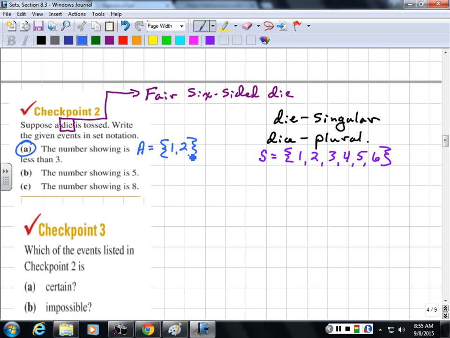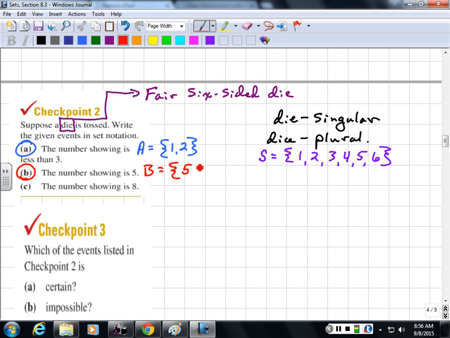I've taken the 2 outcomes for that event, A, and I've listed them. And it's simply a set. Notice that we label sets with what? Capital letters. So, we'll go to the next one. Event B. The number showing is 5. That's pretty simple, right? There's only one possibility for that.